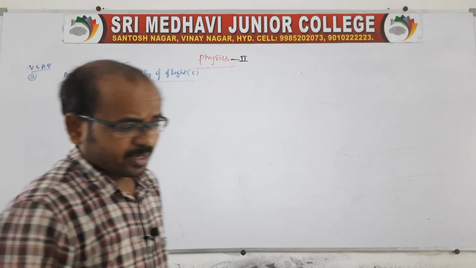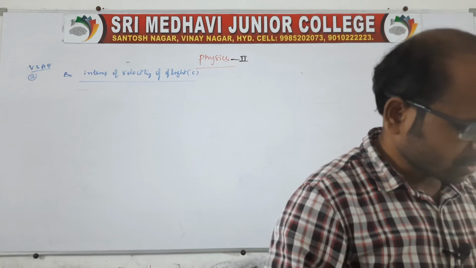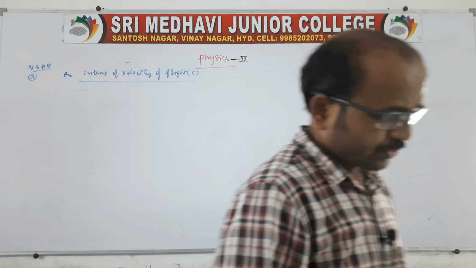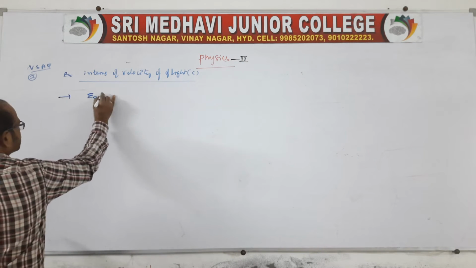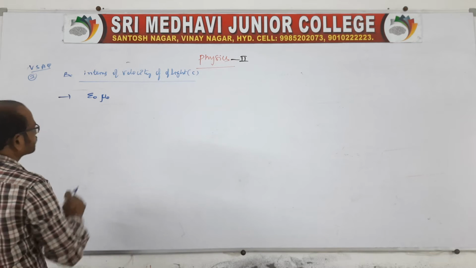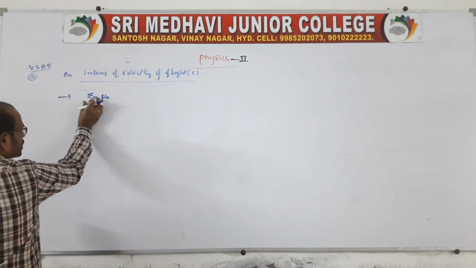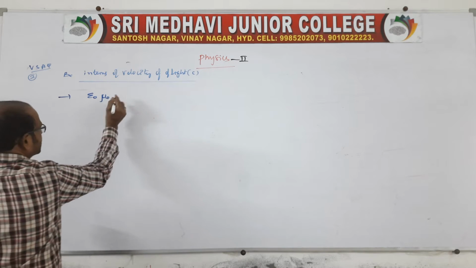We know epsilon naught, as well as mu naught. So take the multiplication of epsilon naught and mu naught. Epsilon naught is the permittivity, and mu naught is the permeability.